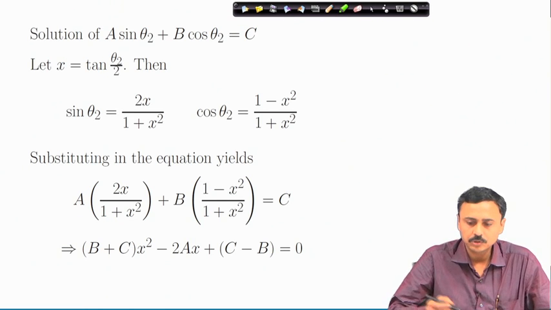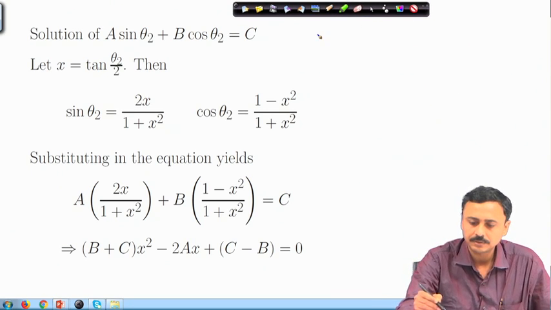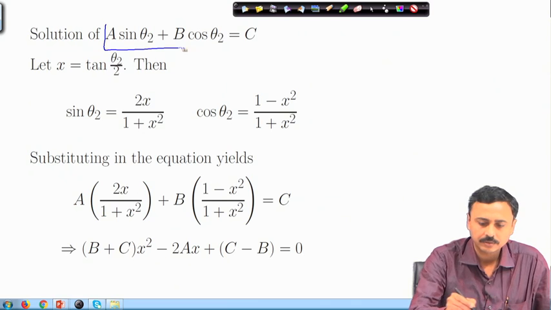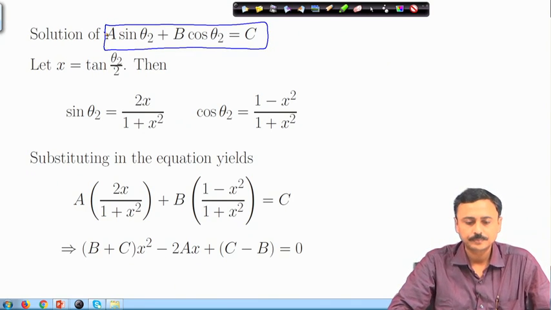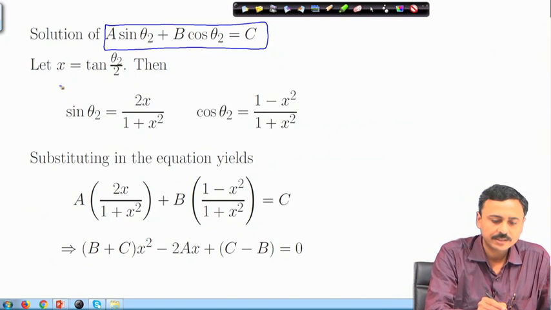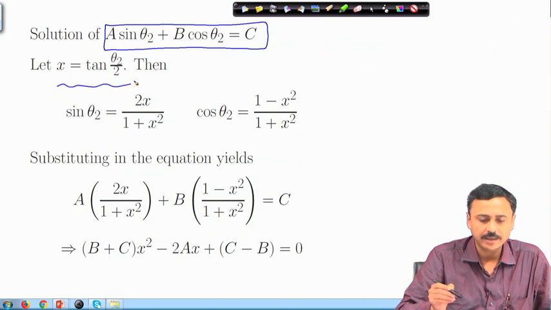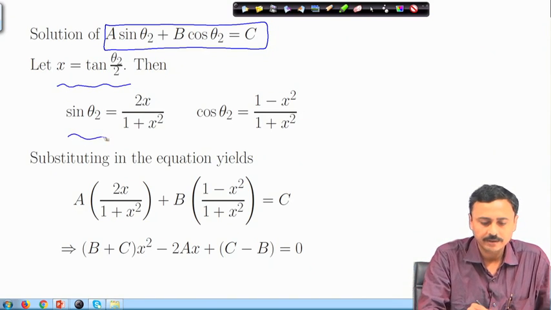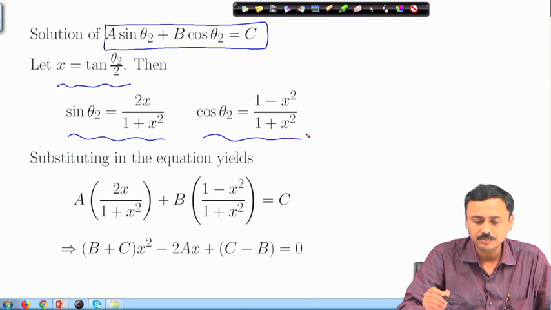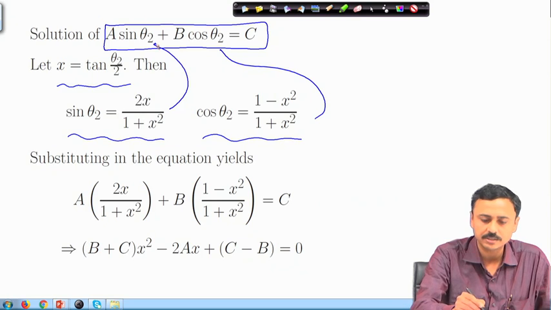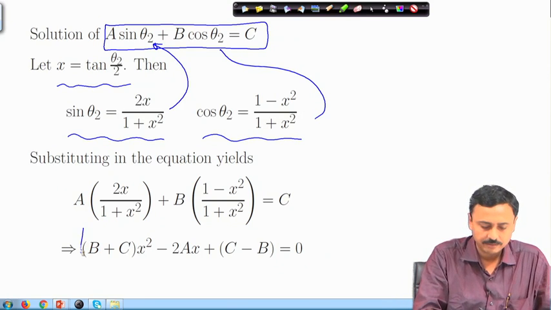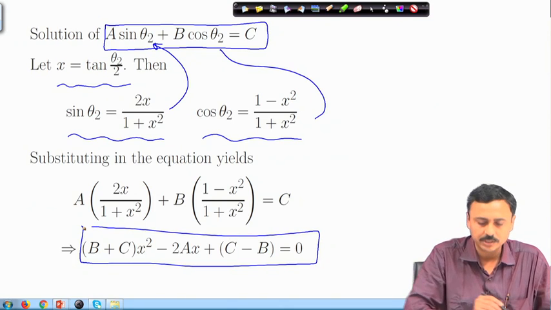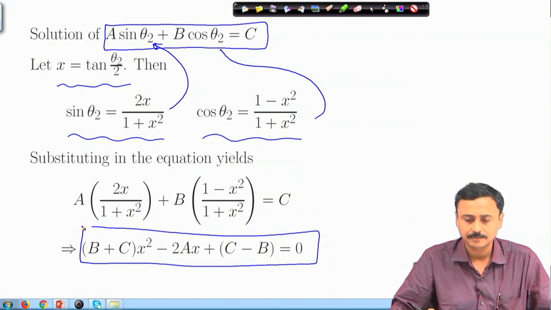So, we now have to solve this equation for theta 2. We make this substitution, x is equal to tan theta 2 by 2, and write sin theta 2 and cosine theta 2 in terms of x, and substitute these expressions in our equation to be solved, and finally obtain this quadratic equation now in terms of x.